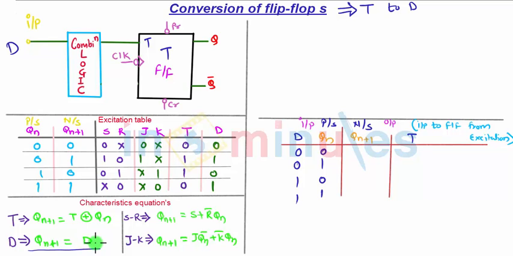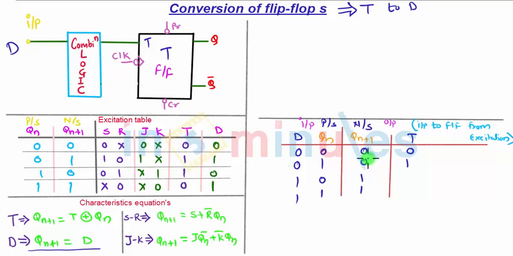So directly we have the characteristic equation as, whatever the column D is, copy it as it is to the next state. So we'll get 0 0 1 1, and with the combination of present state and next state and the help of the excitation table, we will get the excitation table for T flip-flop. So for the first input 0 0, I have T equal to 0 in the excitation table. For 1 0 I have 1.